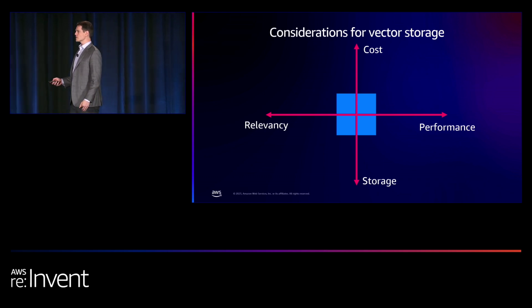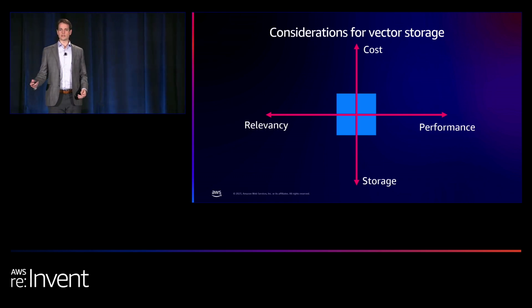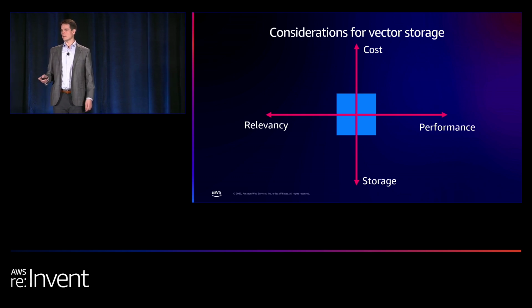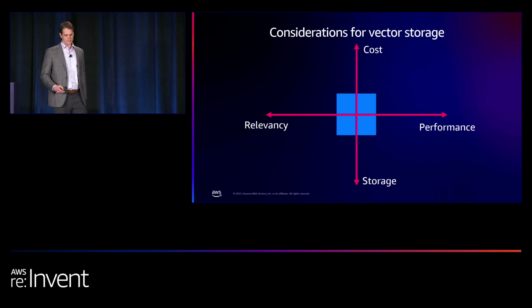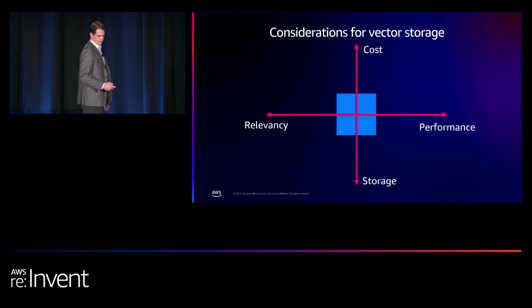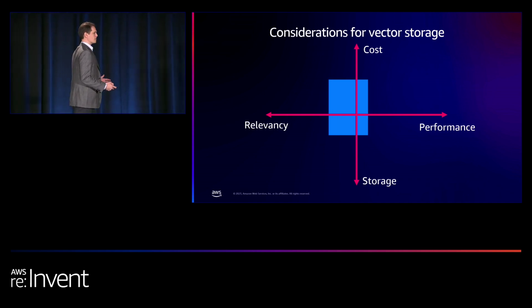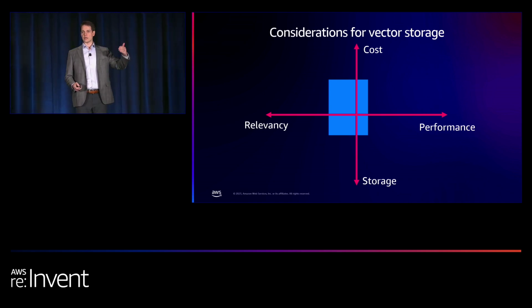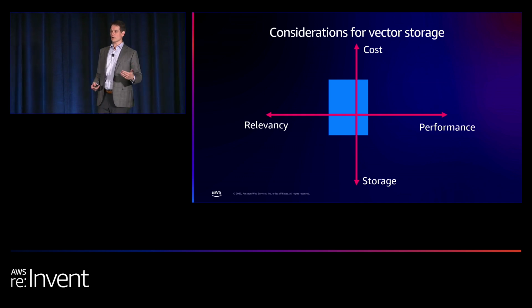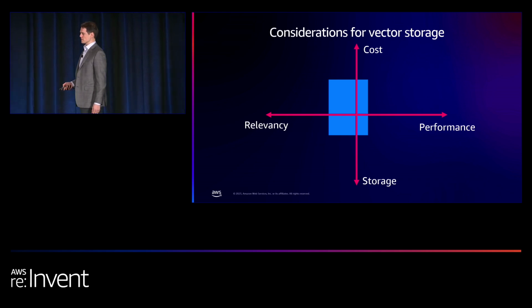But there's more than just the raw performance of the storage subsystem when it comes to the performance of an AI application. Again, you have the ability to tune or configure the application to trade off speed for precision. Generally speaking, if you want more precision in your data and your results, you'll have to trade off a little bit of performance, and oftentimes you might incur an additional cost for some of the computational horsepower involved.